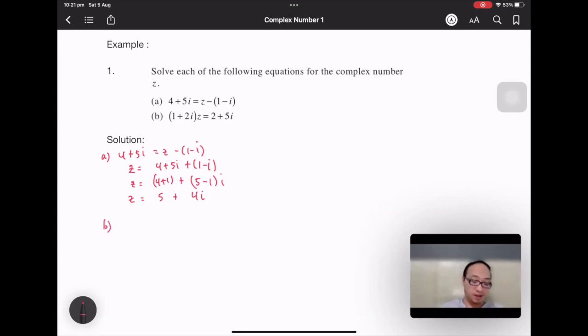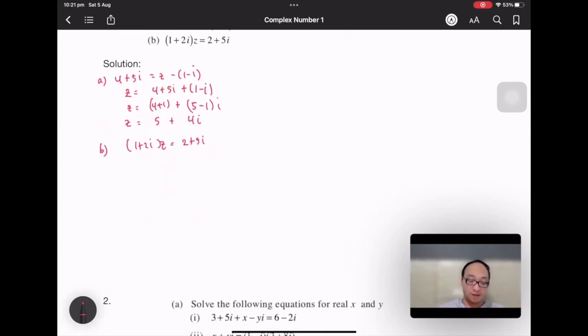B, 1 plus 2i times z equals 2 plus 5i. To remove the complex number, I can just divide, so 2 plus 5i over 1 plus 2i. To solve this, I have to remove the complex number in the denominator, so I multiply by the conjugate, 1 minus 2i over 1 minus 2i.